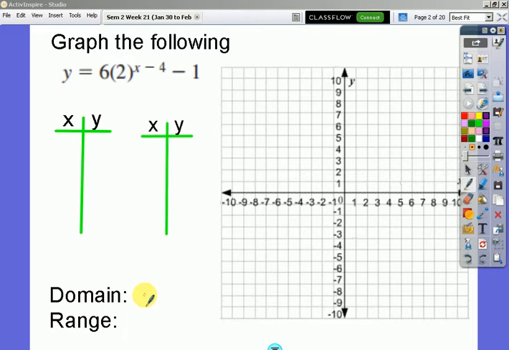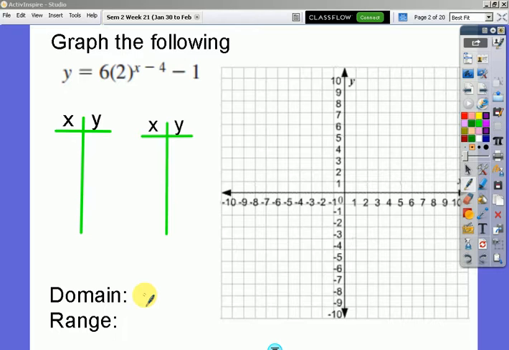So for this question, which will most likely be a bonus question, I want you to first of all, before we get into the graphing part of it, identify the transformations, because you do need to be able to identify the transformations. I might give you something like this, not have you graph it, but tell me all the transformations that it's undergoing. So what does the 6 do?